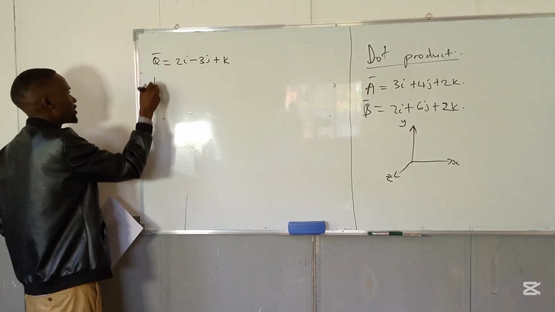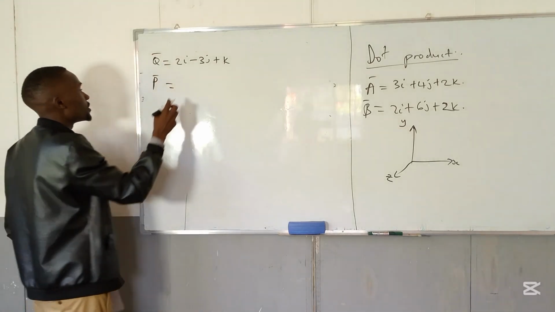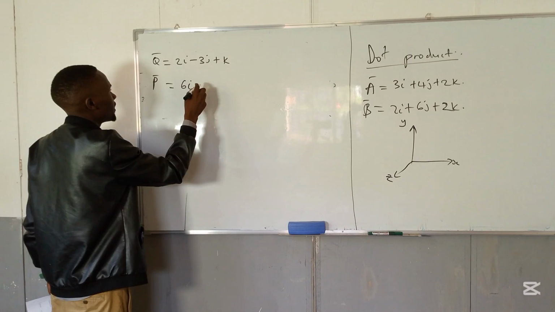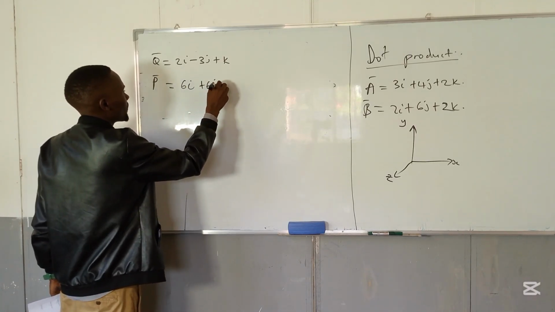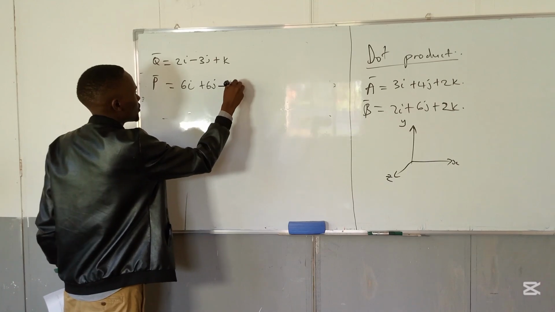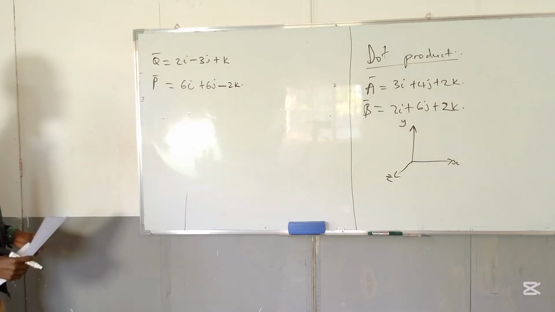And then they also give us a vector P, which is 6i plus 6j minus 2k. Still it is the same issue.